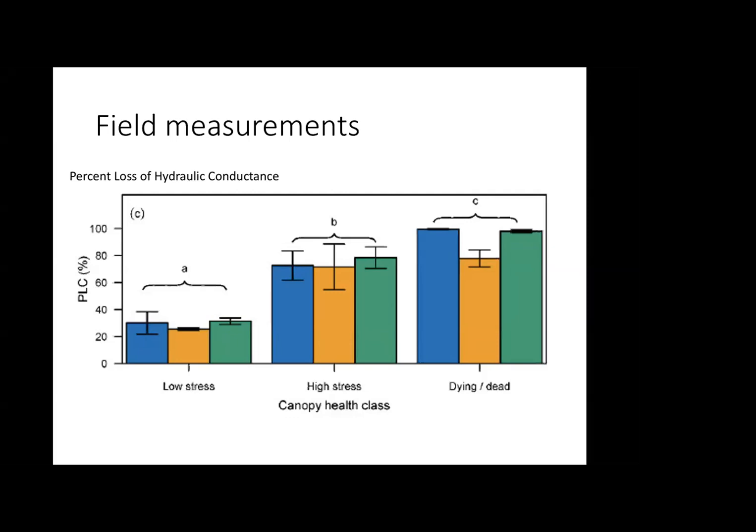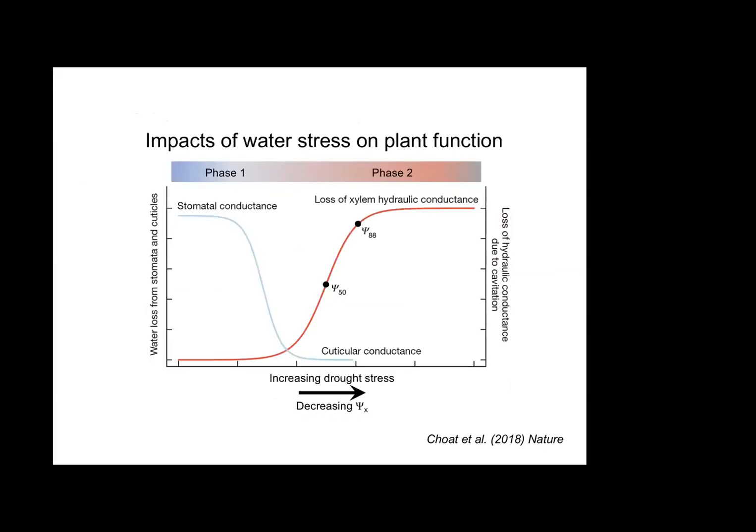The dying, dead ones were really pushing 80, 90% loss of conductivity. So we're fairly sure that that's what's behind that canopy browning. And that gives us the confidence to go ahead and try and use our understanding of those processes to try and predict when and where that might occur.